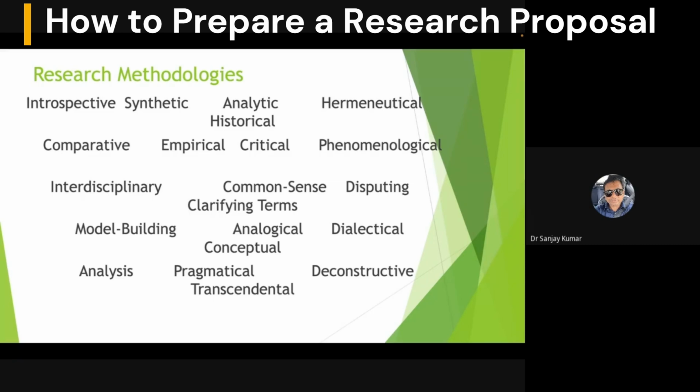It could be introspective, synthetic, or analytic method. The hermeneutical method is particularly useful when you are doing research on Indian ancient texts. We have historical method, comparative, empirical, critical, phenomenological. Interdisciplinary is very rightly observed as an important research methodology.